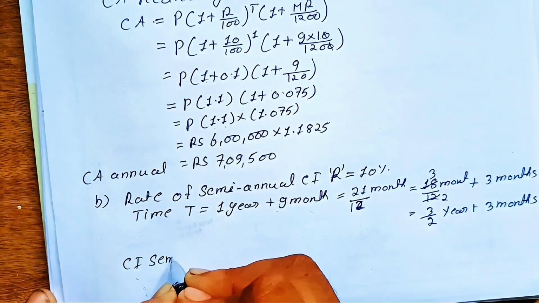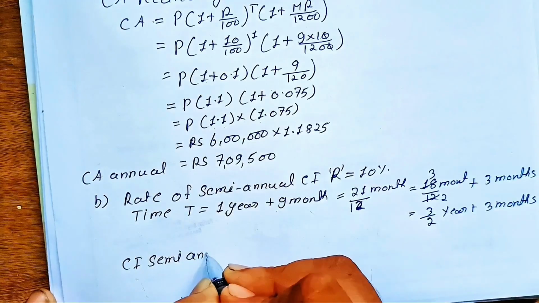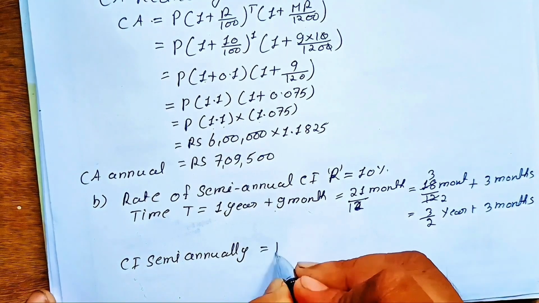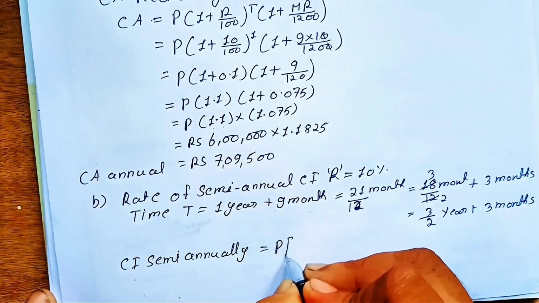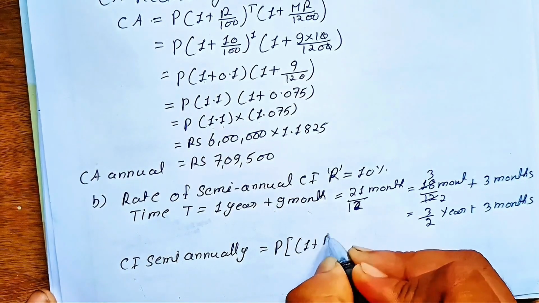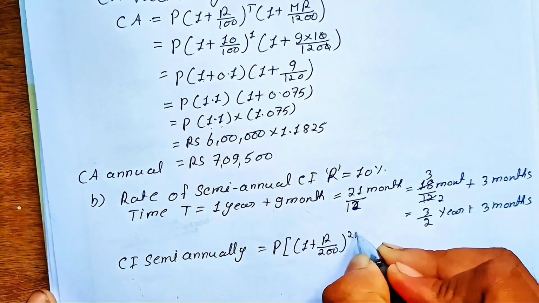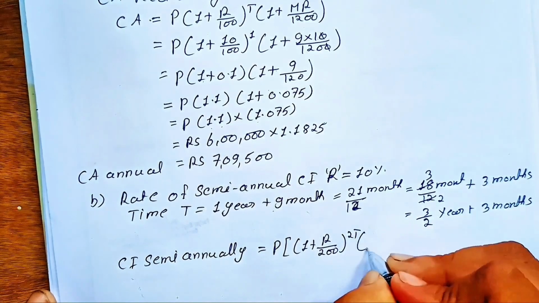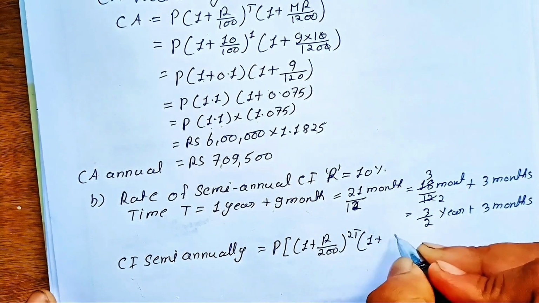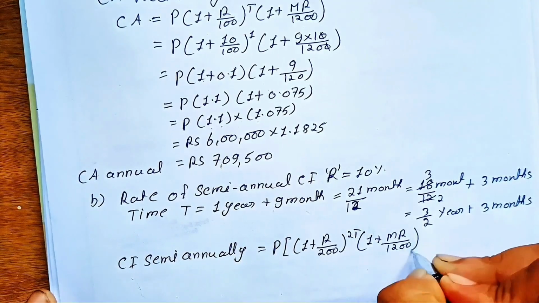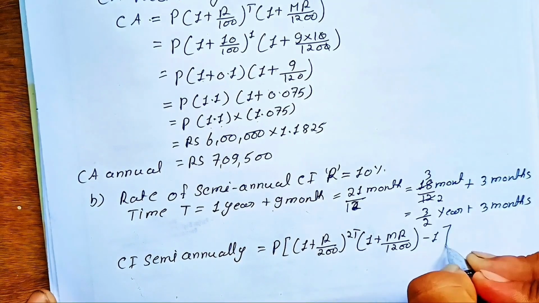CI semi-annually, and that is P times (1 plus R by 200) to the power 2T, and one factor is (1 plus MR by 1200) minus 1.